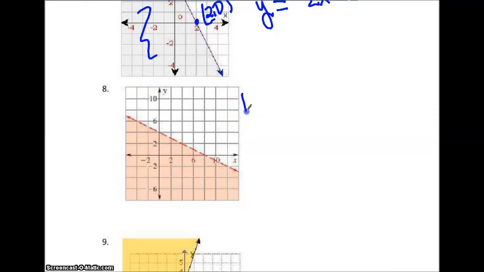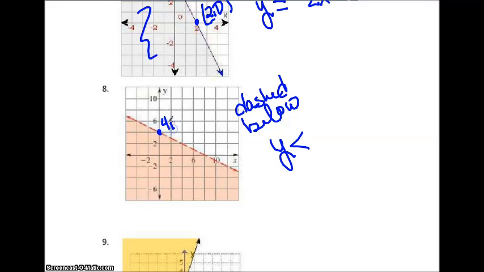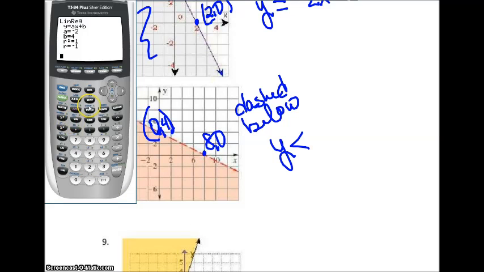Number 8, we notice that it is dashed. We have shaded below. So we know it's going to start out y is less than. We have a point at 0, 4 and a point at 8, 0. So back to stat, and we're going to have 0 and 8 for our x values.